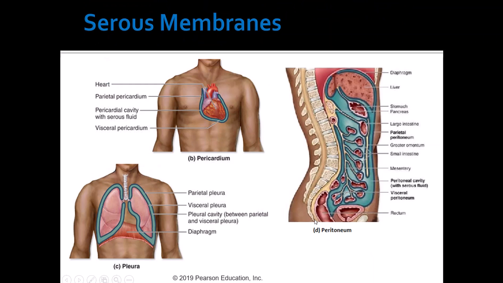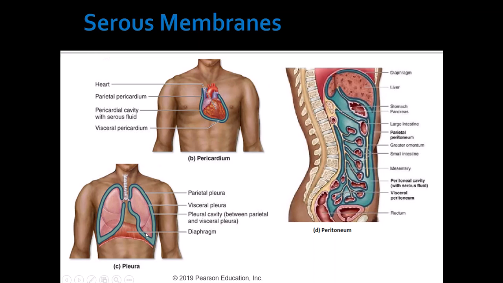So let's take a look. We've got the pericardium, the pleurae, and the peritoneum. So the parietal pericardium lines the pericardial cavity, the space in which the heart sits. The visceral pericardium actually clings to the heart itself. The parietal pleura lines the pleural cavities in which the lungs sit.